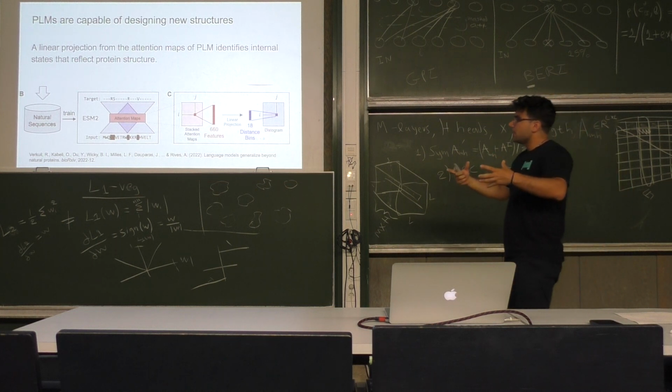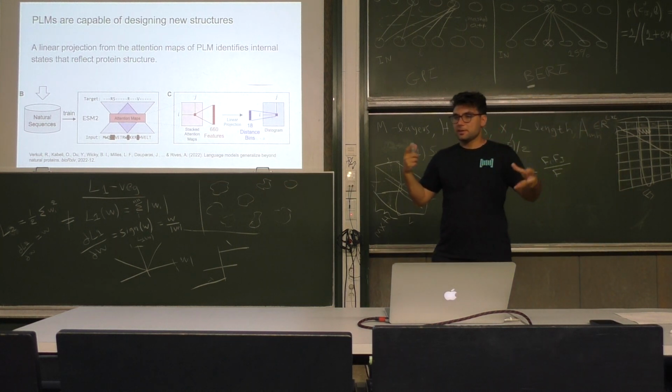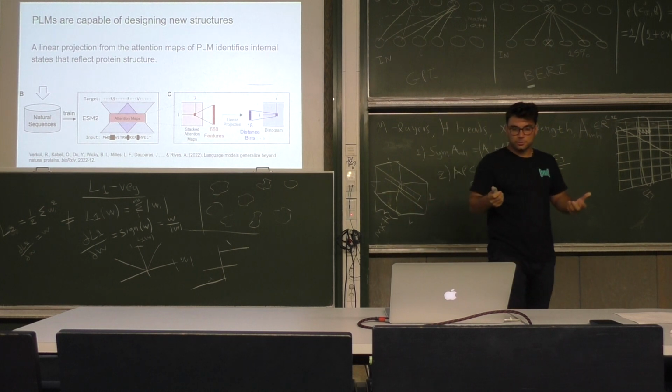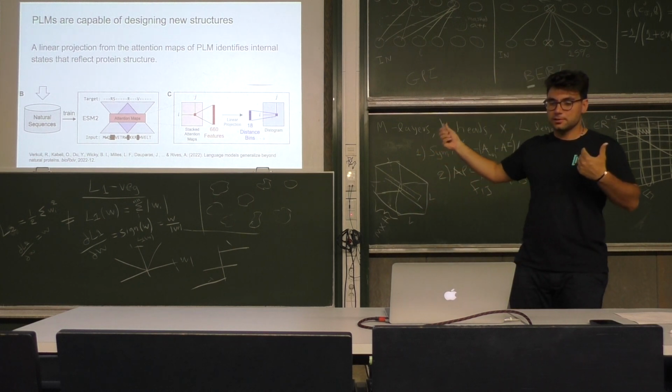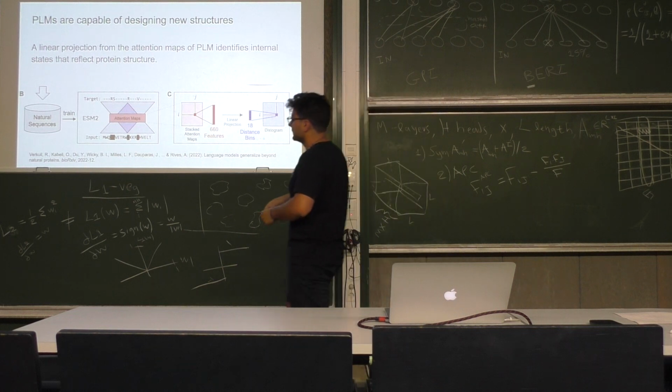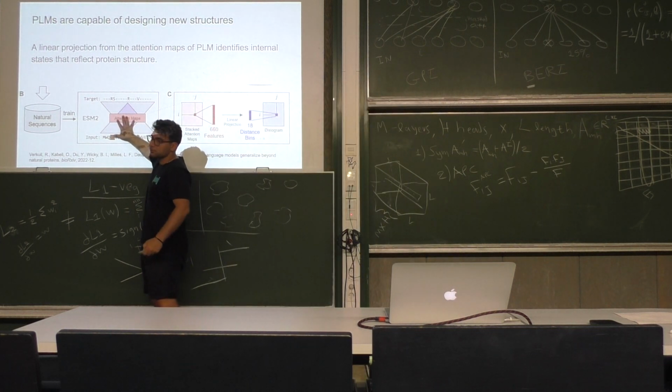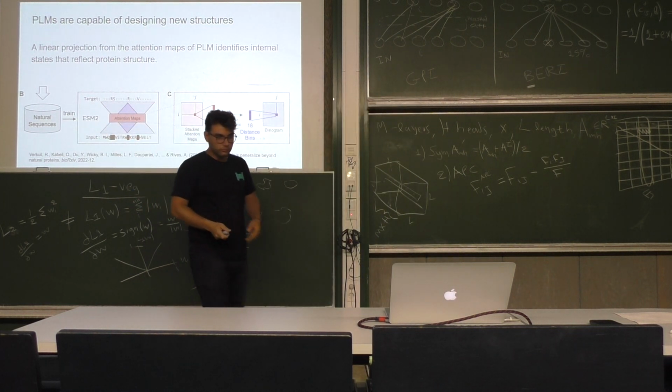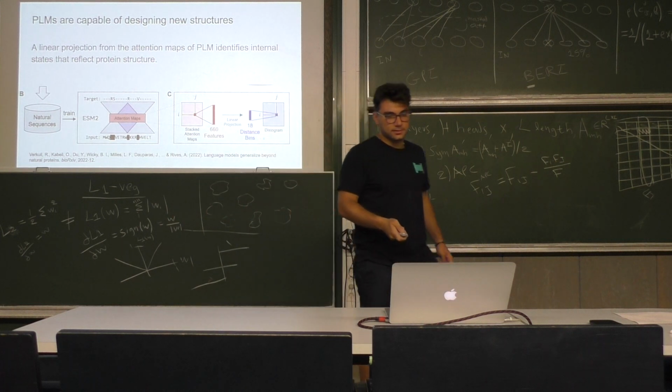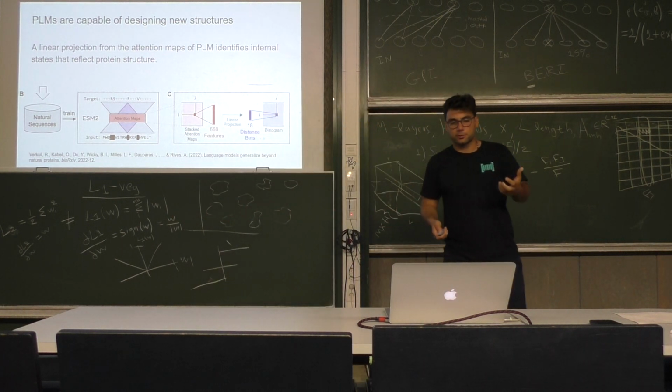And even with a linear layer, without coming up with a very sophisticated network, if you have this largely pre-trained ESM2 model on billions of amino acids, you can already get some very good protein structure.